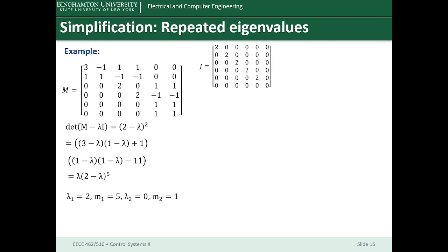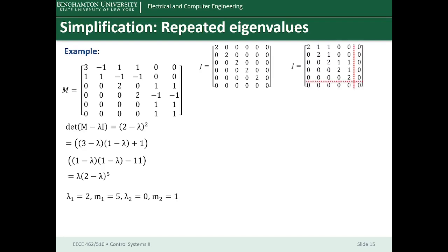And because the algebraic multiplicity is also 5, this satisfies our diagonalization condition. So the matrix is diagonalizable. In that case, the Jordan form is simply a diagonal matrix with the eigenvalue 2 repeated 5 times along the diagonal, plus one more entry from lambda equals 0 in the bottom right corner.